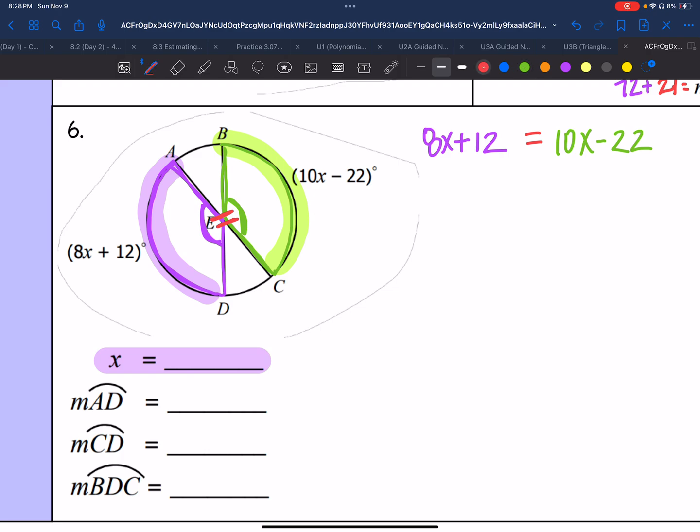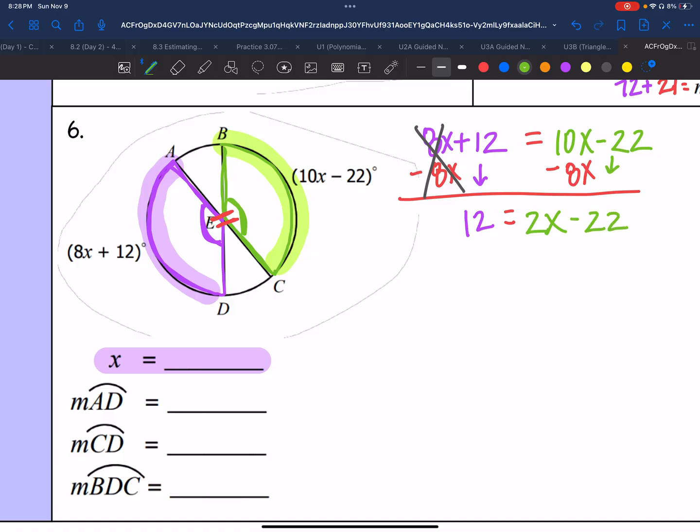I'm going to move it to the right, so I'm going to subtract 8x from both sides. 8 minus 8 is 0. Bring down my 12 equals 10 minus 8 is going to give me 2x, and bring down negative 22. If x moved to the right, numbers are moving to the left, so we add 22 to both sides. Opposite of subtraction is addition. So 12 plus 22 is going to give me 34.